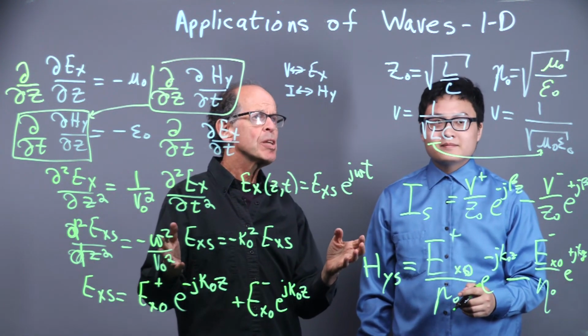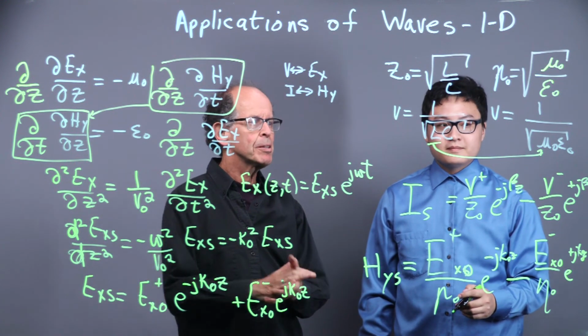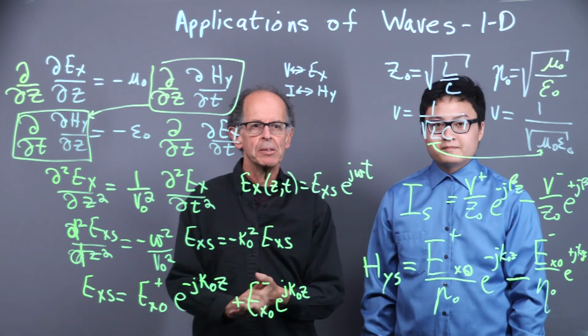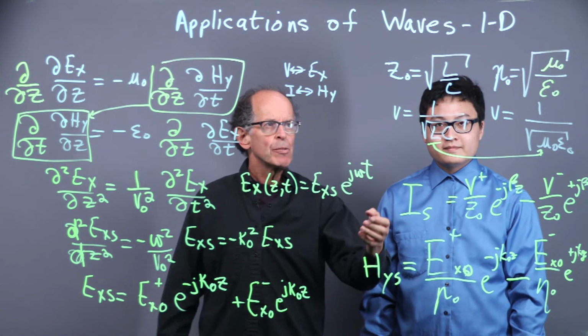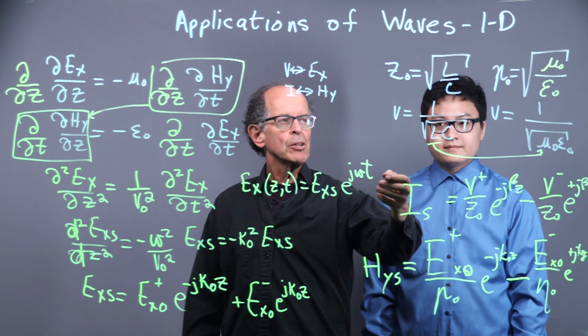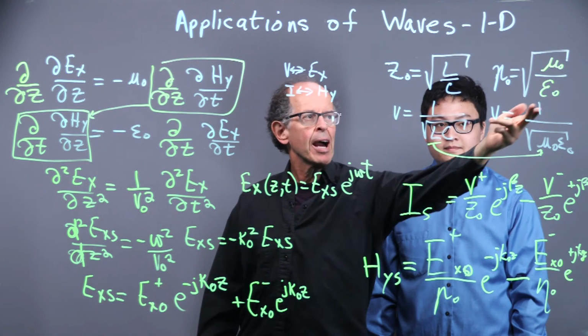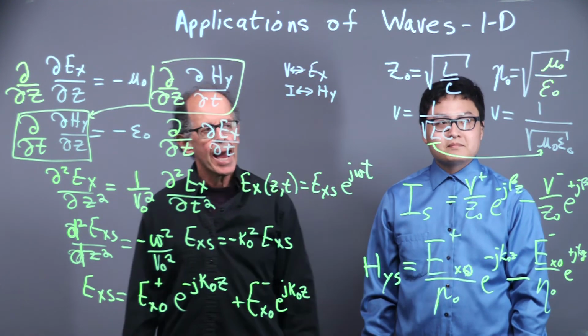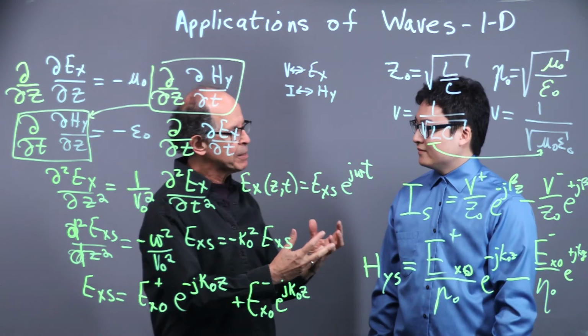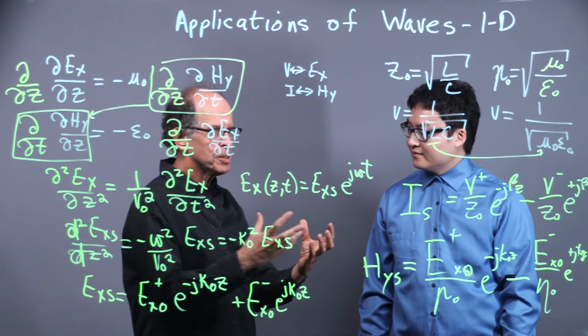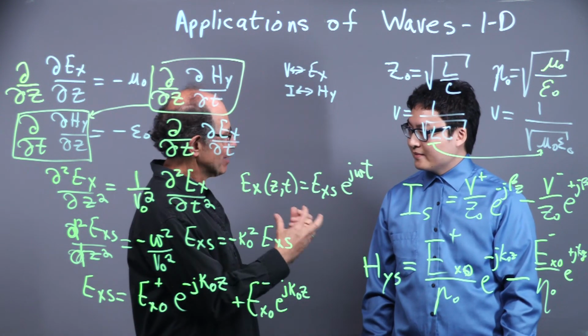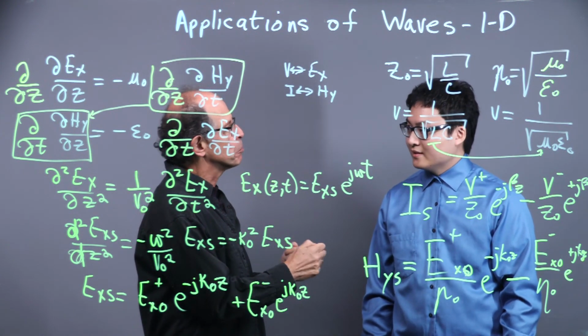Now, there's something that we have to consider, and we'll see that in the next video, and that is the waves often go through material that's not a vacuum. Here's a vacuum. And so the waves actually travel through material that has both capacitance and a bit of resistance.